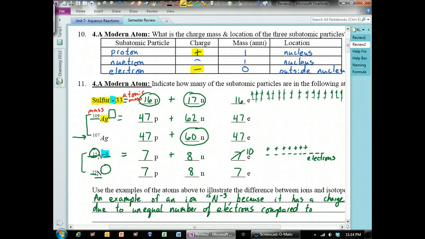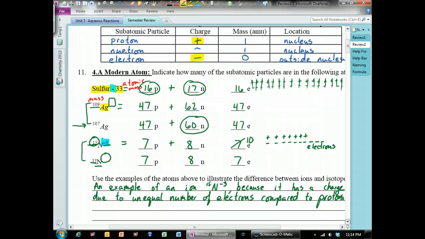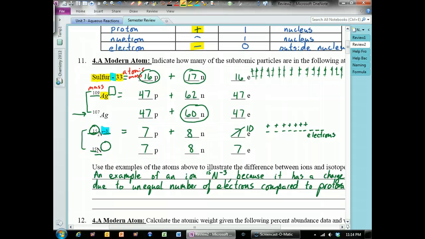And isotopes, the best example of isotopes is that you need to compare the 2 silvers to each other. So in this case we have silver 109 and silver 107.